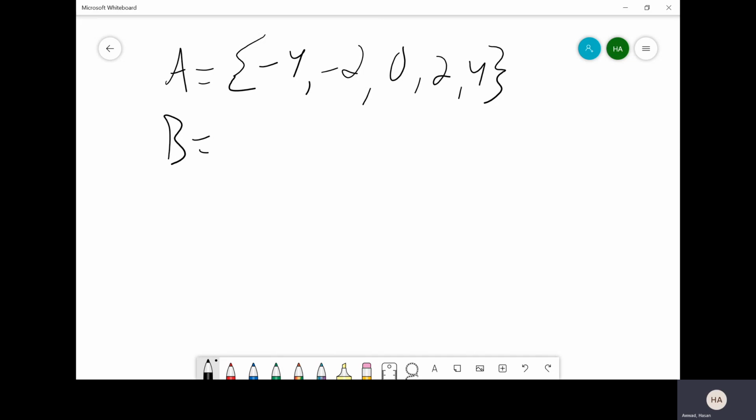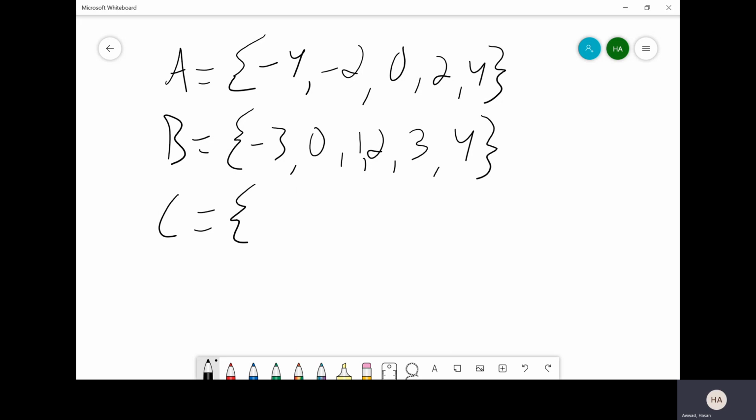Set B has the following elements: -3, 0, 1, 2, 3, and 4. So that 3 looked weird. Okay, and set C has also these elements: -4, -3, -2, -1, 0, and 2.